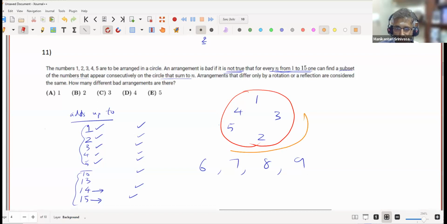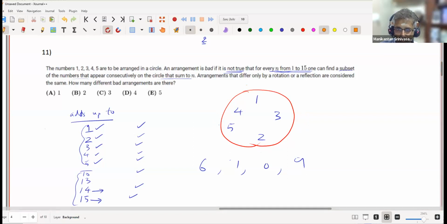And then if I leave out 3, for example, and add 1, 4, 5, 2, I'll get 15 minus 3, which is 12. So by leaving out any one of these individual numbers, I can leave out 1, 2, 3, 4, or 5. Therefore, because these are all individual numbers, I can always generate totals which are 10 and above. That's where you interrupted me, Rohan. You're with me so far? Rohan?